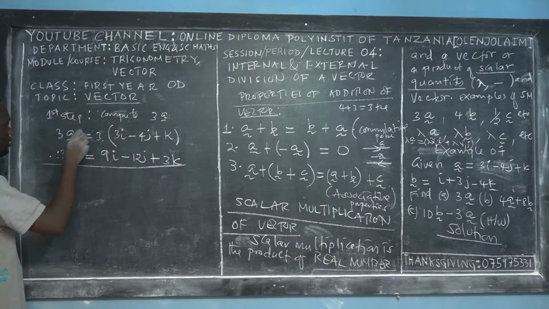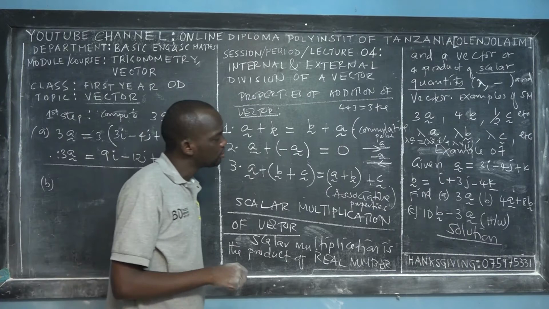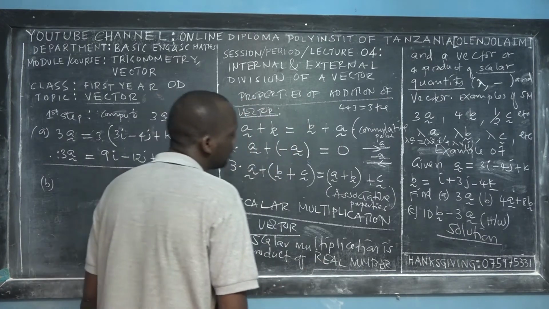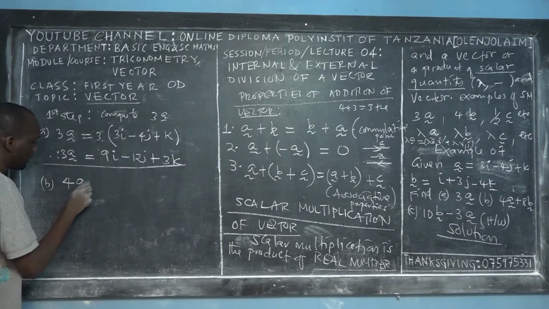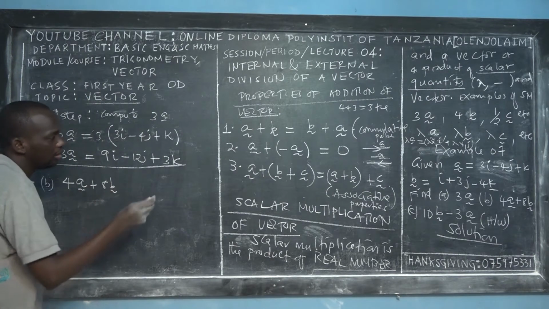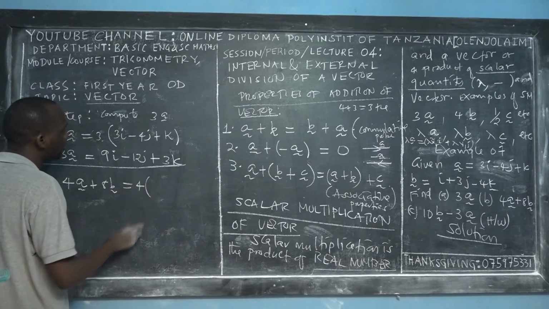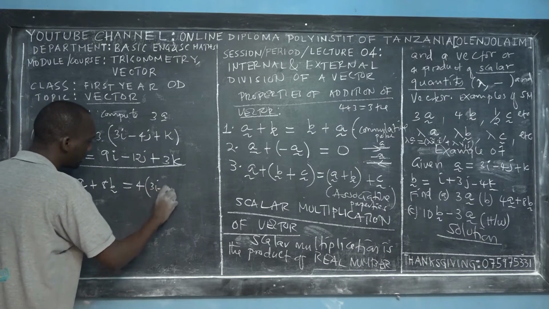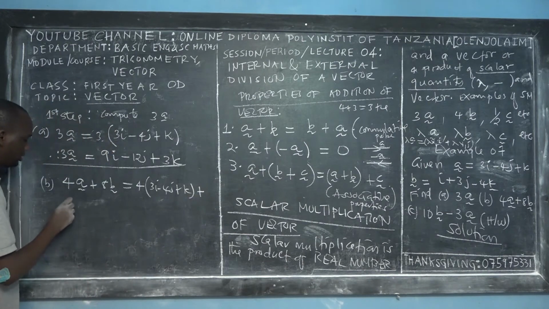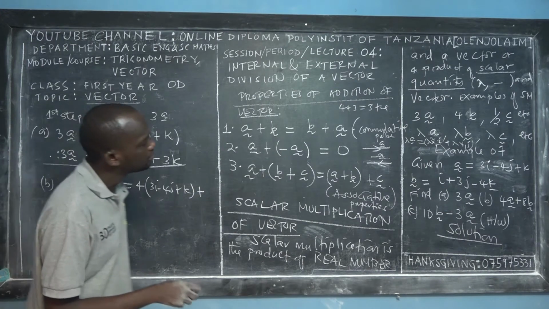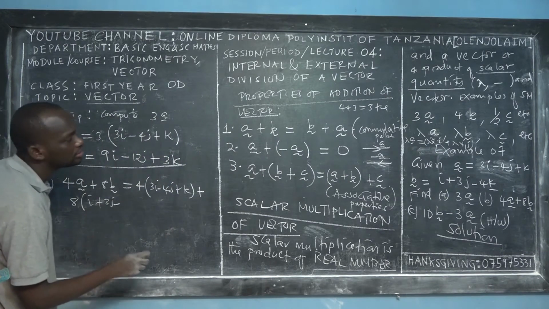Then we go for part B. The question asks us to do an addition of scalar multiplications of the two vectors. The first scalar multiplication is for 4a plus 8b. How do we solve this one? We take 4 and multiply with the components of vector a, which is 3i minus 4j plus k, and then plus 8 times the components of vector b, which is i plus 3j minus 4k.